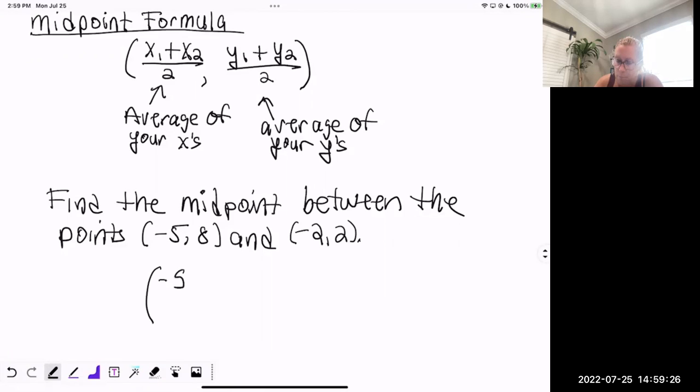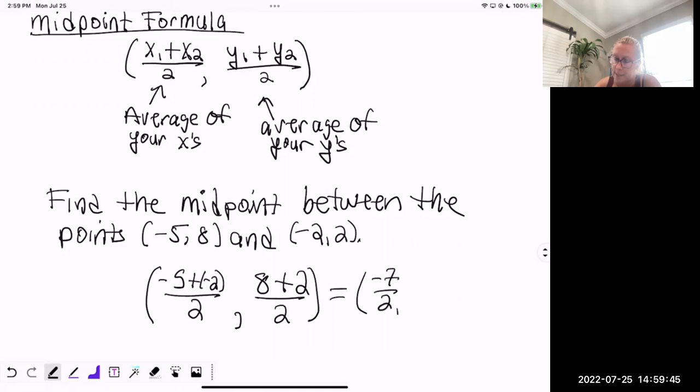So -5 plus -2 or -5 minus 2 over 2. 2 numbers I add, divide by 2, that's my average. And then my y's, 8 plus 2, I add 2 numbers, I divide by 2. So what do I have? I have -7 over 2 for my x, and 8 plus 2 is 10, and I have 5 for my y. Done. Just the average of your x's, the average of your y's.